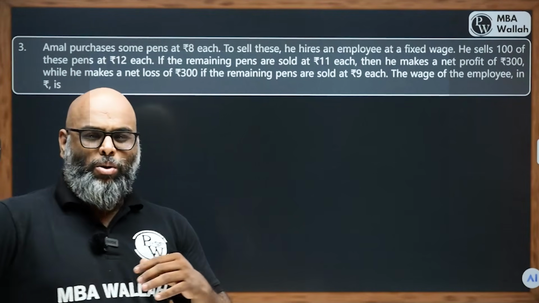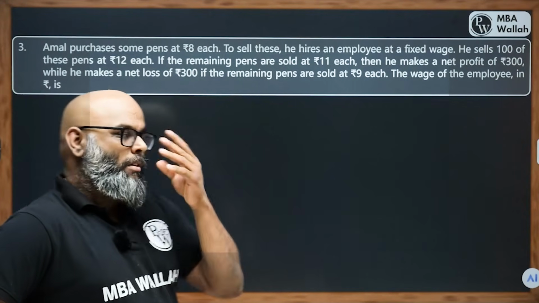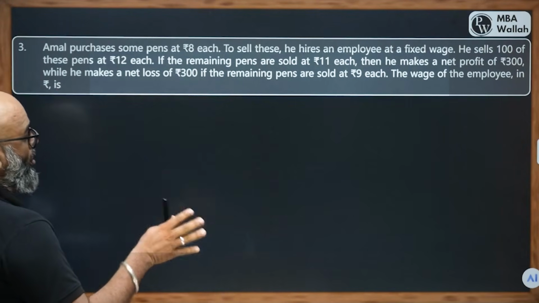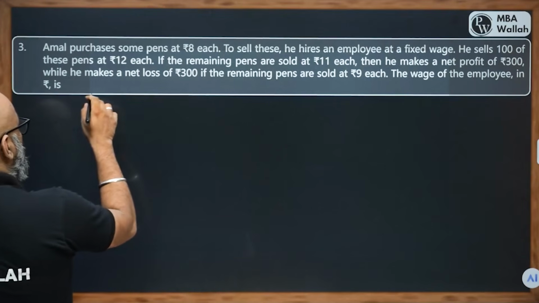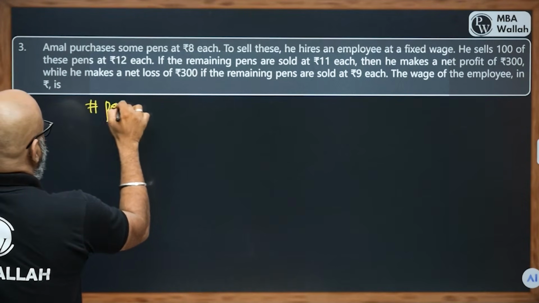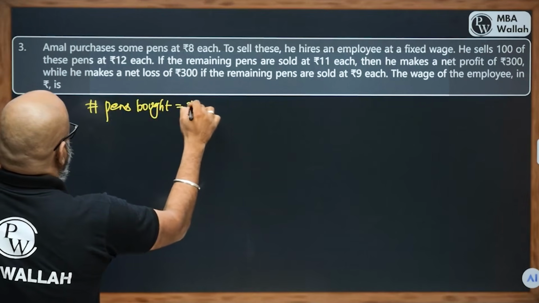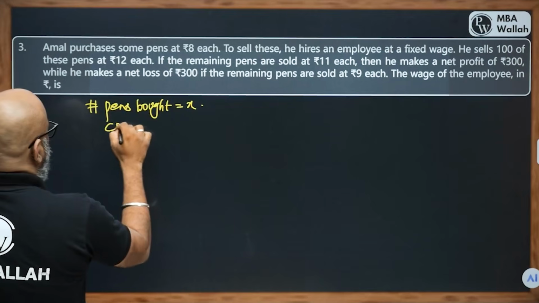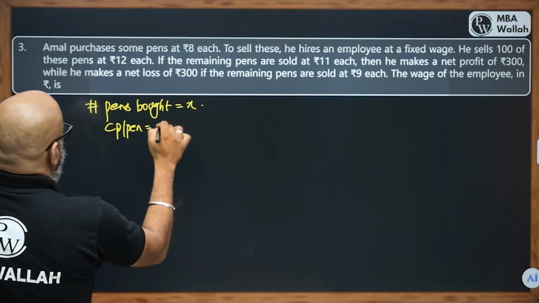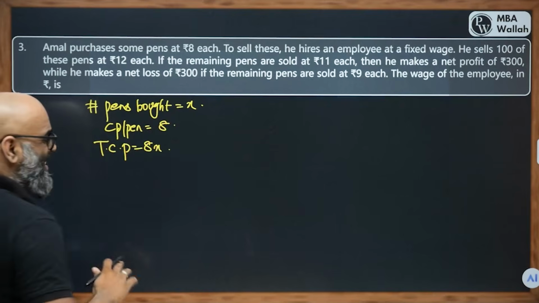So I'm looking at it to solve it in two ways. One, the obvious conventional equations where you find total cost price and total selling price. So let's say the number of pens bought will be x. Cost price per pen is equal to 8, so total cost price will be 8x.